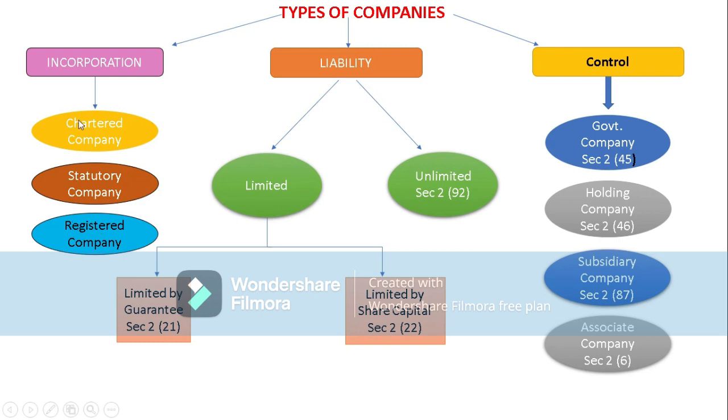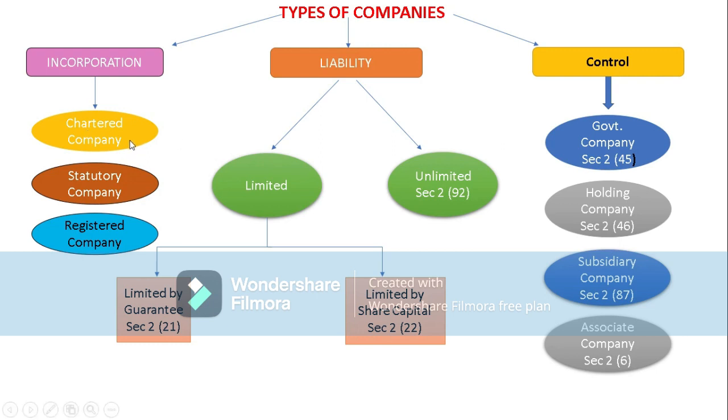Royal or chartered companies were actually formed in England, and now they do not exist. In India they don't exist, but these companies were incorporated under a specified charter, like the East India Company and the Bank of England, and the Companies Act is not applicable to these types of companies. Why?